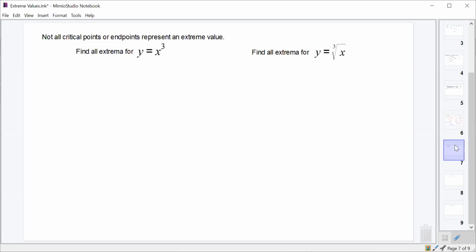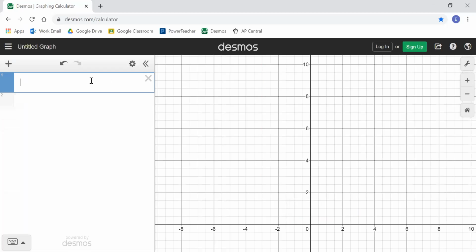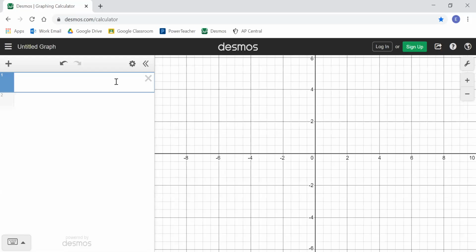Let's take a look first at y equals x cubed, and we're going to find all the extrema of it. Now, if you think about that, you know what y equals x cubed looks like, right? Hopefully. Right, looks like a cubic. What's the local and absolute max of this?